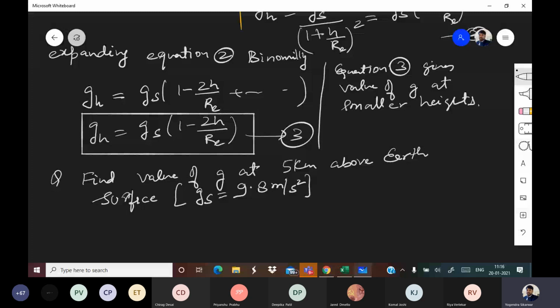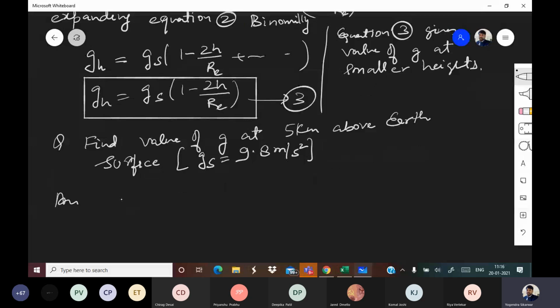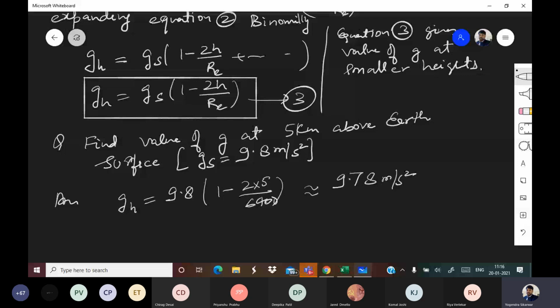So the answer will be GH is equal to GS, which is 9.8, into 1 minus 2 into 5 upon 6,400, and that comes out to be approximately 9.78 meters per second square. So what you can observe is that the variation is very less.